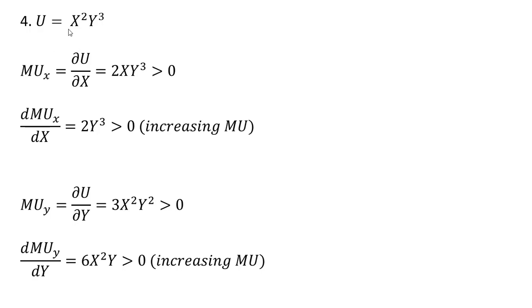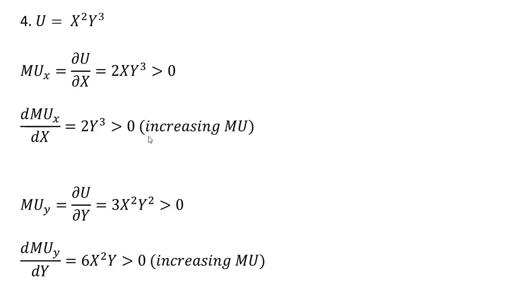Another function here, utility equals x squared times y cubed. The marginal utility of good x is positive. Taking the derivative of the marginal utility of good x, it is also positive. So here we have actually increasing marginal utility. As a consumer consumes more of good x, utility increases, but it increases at an increasing rate.